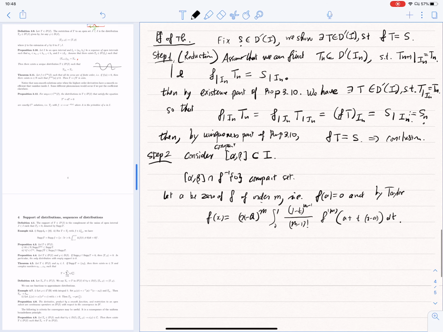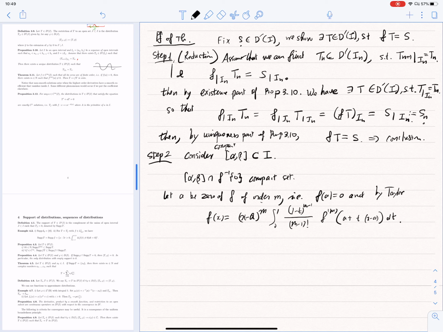Okay, by Taylor expansion we have this formula, and also because the zero a of f is of order m, meaning that the first derivatives all vanish.